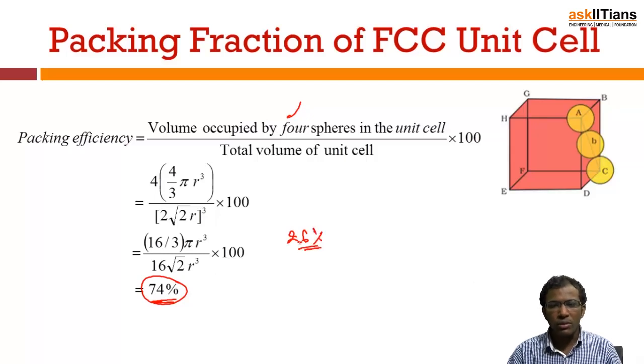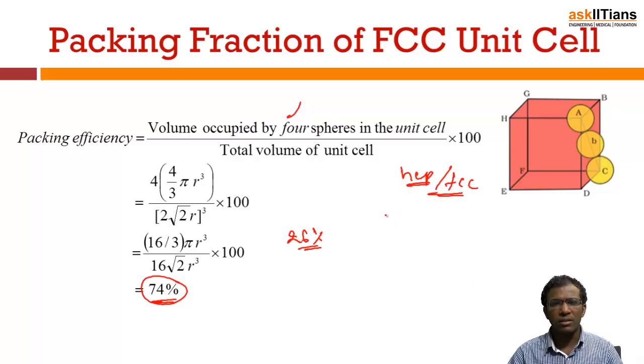So from this, what we understand is that for the FCC unit cell or HCP, even if you calculate for HCP, you will get the same 74% packing fraction. So HCP and FCC are close packed structures in which the space is used up efficiently.